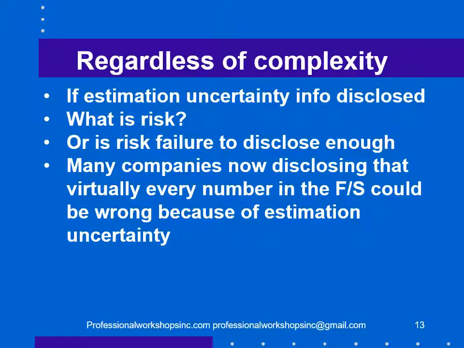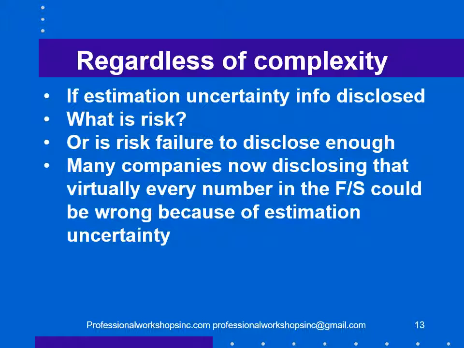So regardless of complexity, if estimation uncertainty information is disclosed, what's the risk? Or is the risk only the failure to disclose enough? And that's pretty simple to audit, actually. If we've got a complicated estimate, we just need to make sure that our audit is going to say, well, yeah, it's a complicated estimate, but is the disclosure okay? Does it disclose the uncertainty of that estimate?